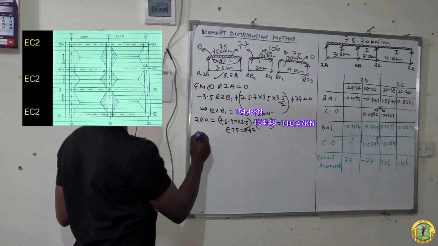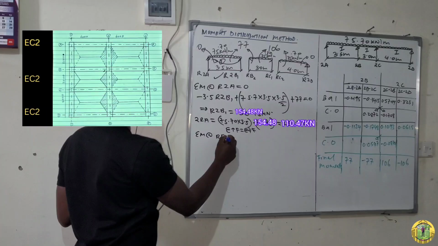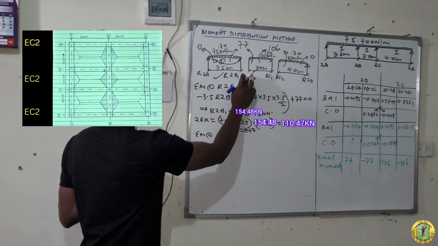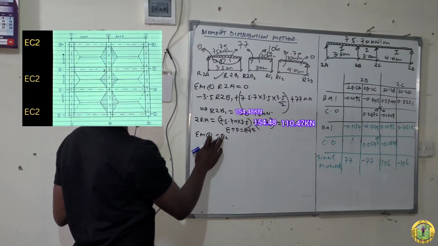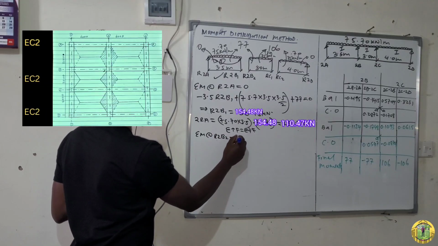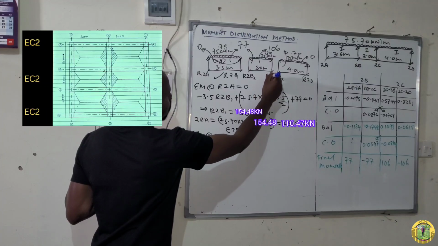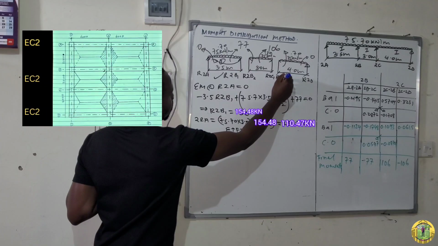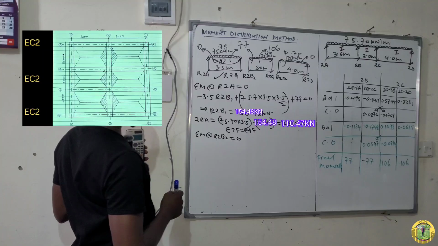Again, summation of moment at R2B2 is equal to 0. And this one should be R2C1, R2C2, R2D, like that.